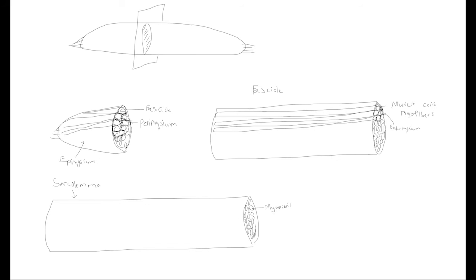This is a myofibril, and we'll talk about it more next video, but a myofibril is able to contract, and with all of these myofibrils contracting, the entire muscle will be able to contract. But we'll talk about that next video.